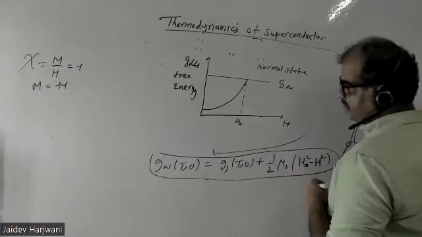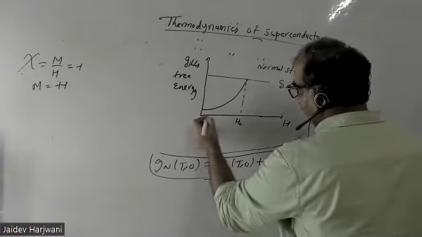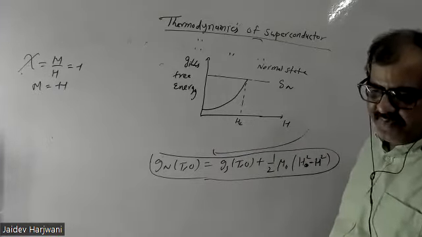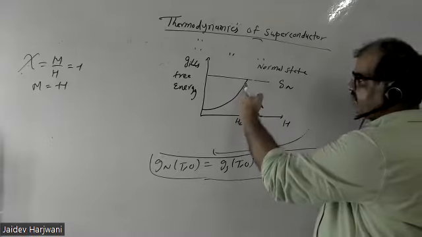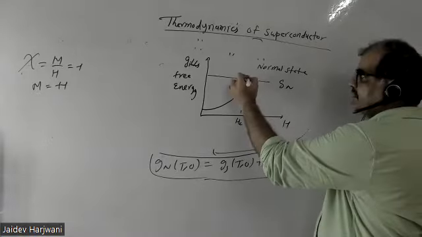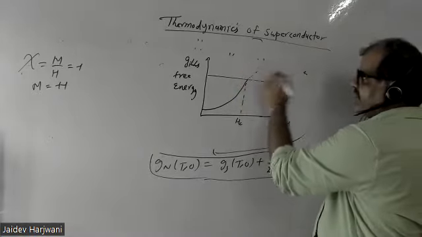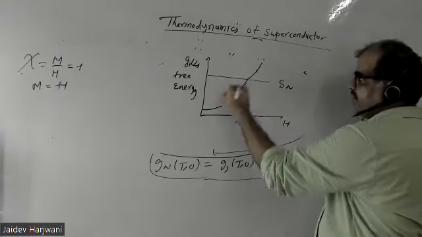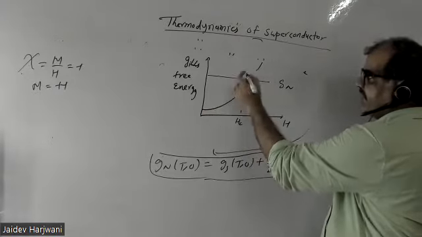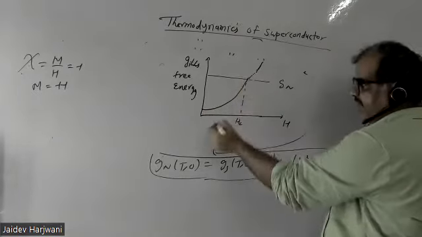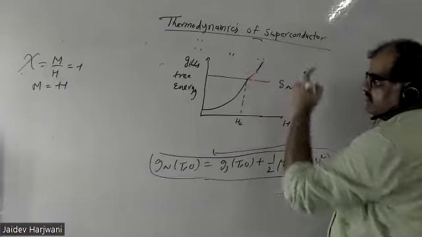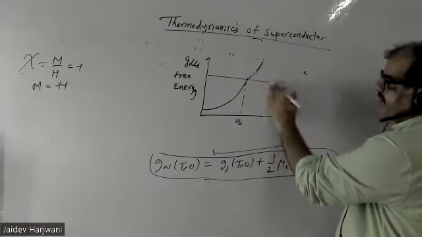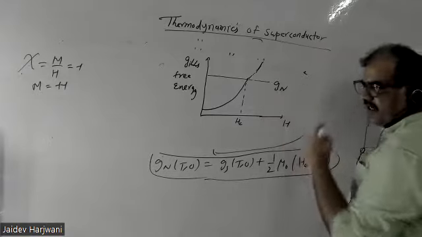Now suppose I increase H beyond Hc. In that case, the Gibbs free energy of the superconducting state will keep increasing with the magnetic field, going beyond the Gibbs free energy of the normal state.